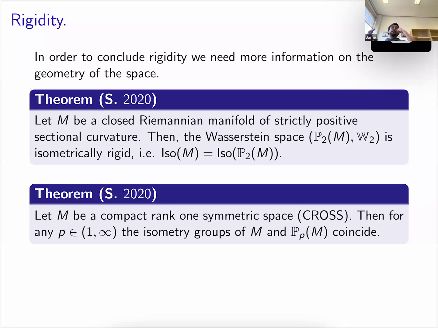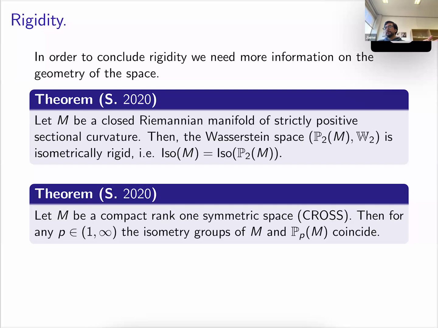That is because for these spaces, one really knows a lot of things, like, for example, that the cut locus is very well behaved and you know how geodesics look. So you can come up with other geometric arguments that really help you out, but that you don't have for general manifolds.